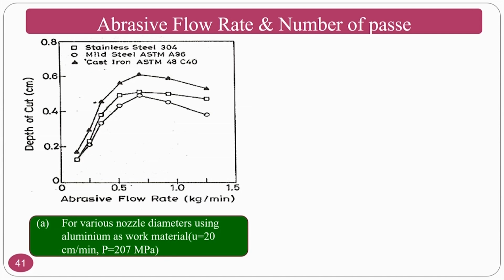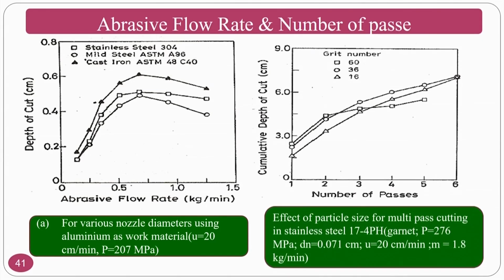Stainless steel is a much harder material compared to mild steel. That is why the depth of cut in stainless steel is good, while mild steel is lower, because mild steel is a ductile material and there is always a chance of accumulation of material.